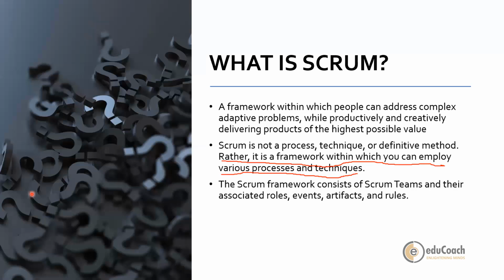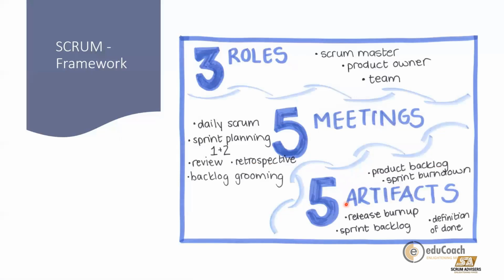Scrum framework consists of Scrum teams, their associated roles, events, artifacts, and rules. Let's look at what that means. So basically, Scrum has three roles: the Scrum Master, the Product Owner, and the team or the development team.